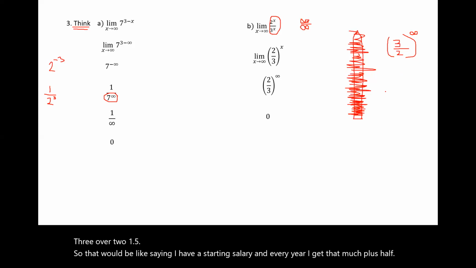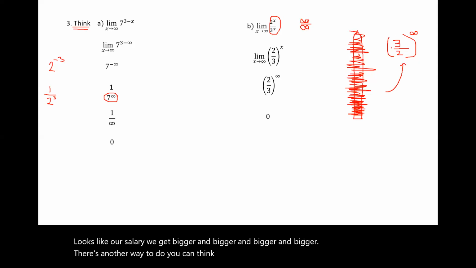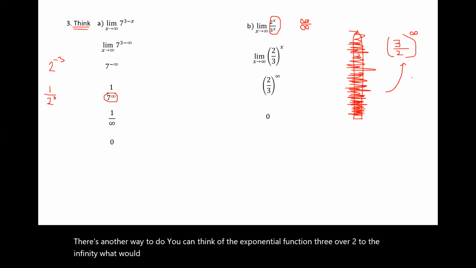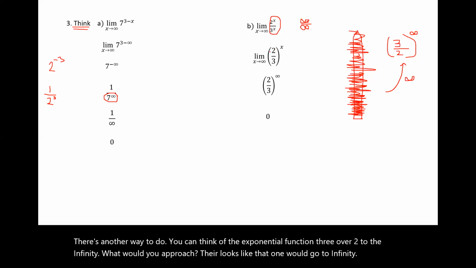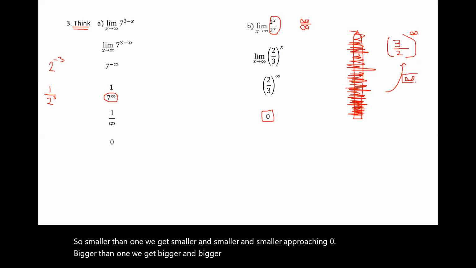Looks like our salary would get bigger and bigger. There's another way to do this. You can think of the exponential function, 3/2 to the infinity. What would you approach there? Looks like that one would go to infinity. So smaller than 1, we get smaller and smaller, approaching 0. Bigger than 1, we get bigger and bigger, approaching infinity.